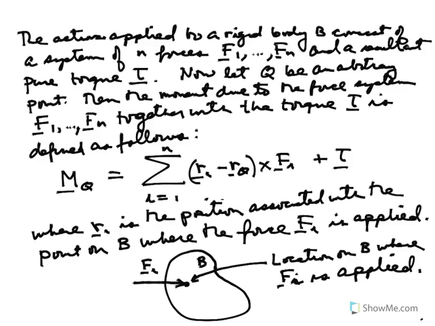Then the moment due to all forces and the pure torque relative to an arbitrary point Q is defined as what I have above. Now we can use this information to develop the laws of motion. So that's the next part of this, which is laws of motion.